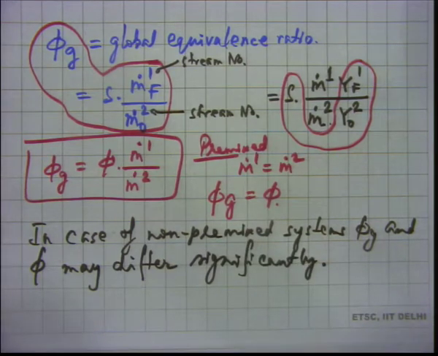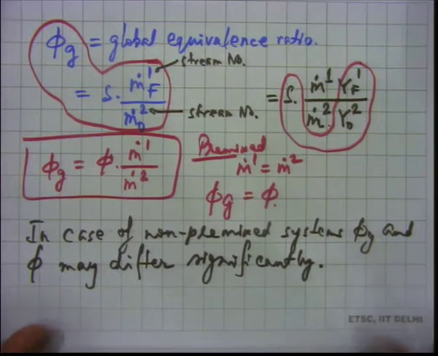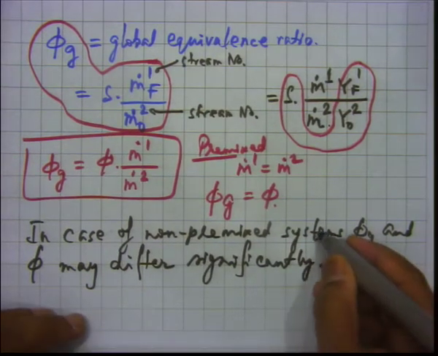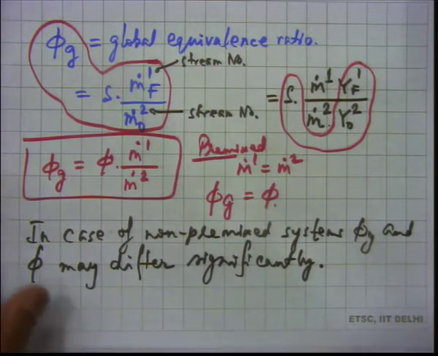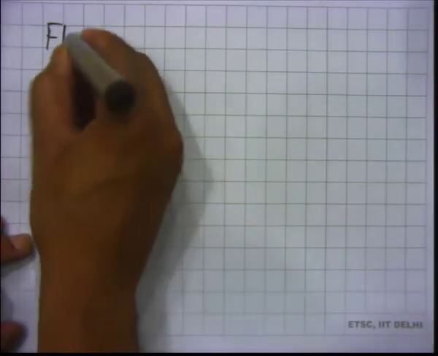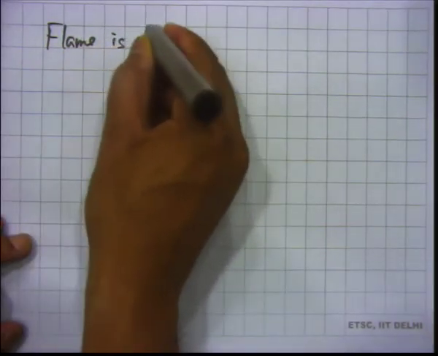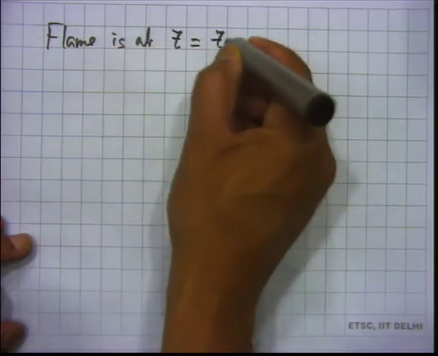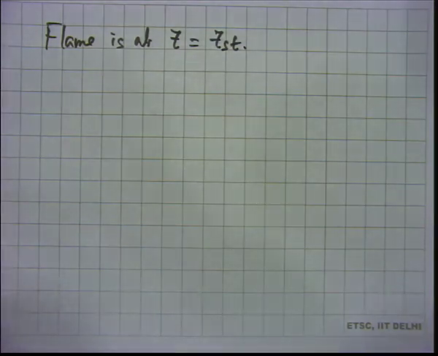All right, now we will come to this question of where the flame is in terms of phi. The flame is actually at z equal to zst, correct?